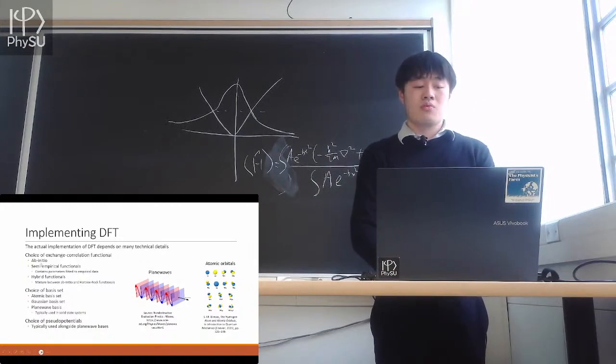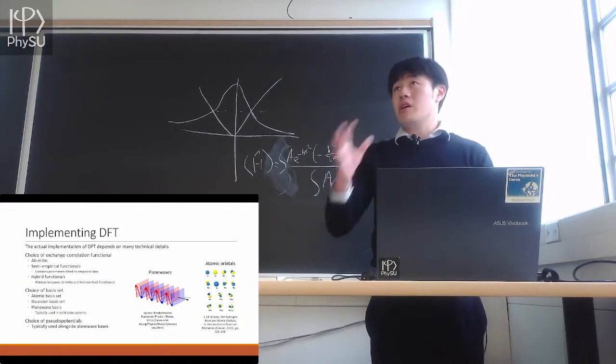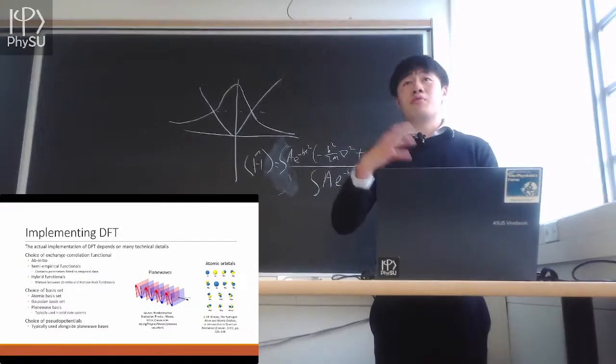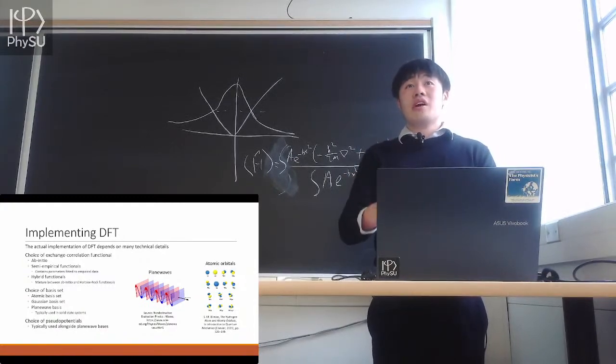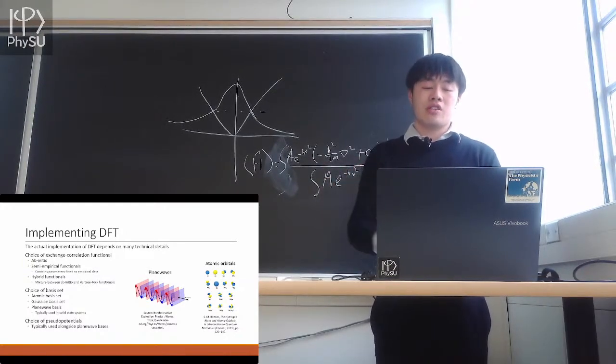There are ab initio methods, where there is some theoretical justification for the form of these functionals, but they're also approximations to what it would actually look like.